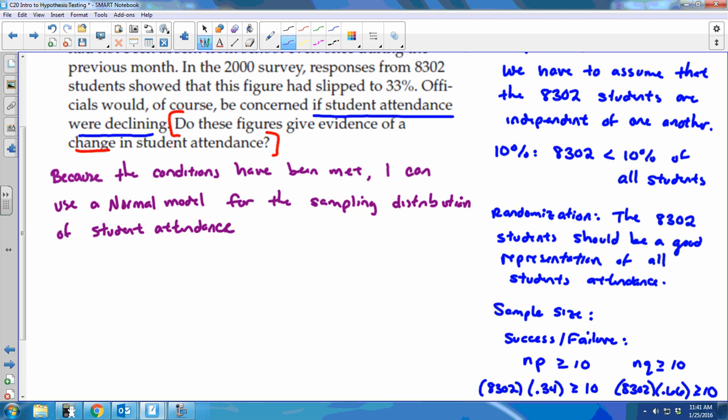Right? That's the whole point that you check the conditions. You're making sure you can use a model. We are making sure we can use the normal model. Once you check the conditions and you know you can use the model, you want to state what you're doing. So I will perform a one proportion z-test.